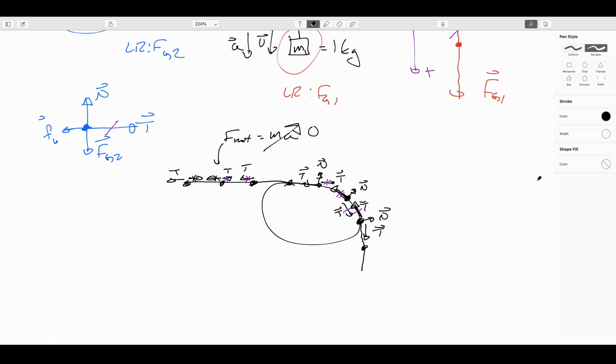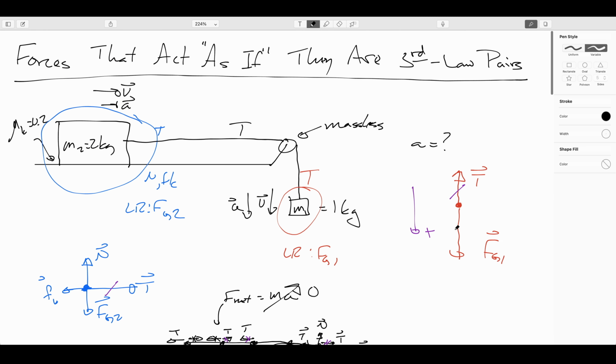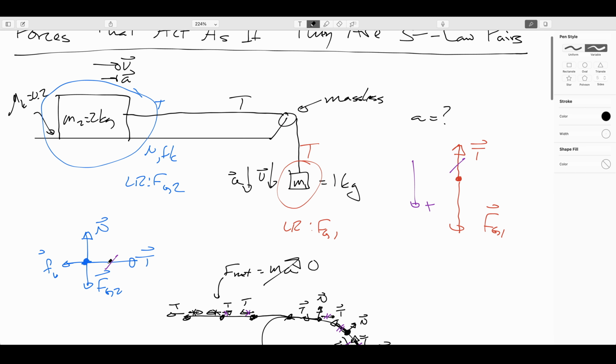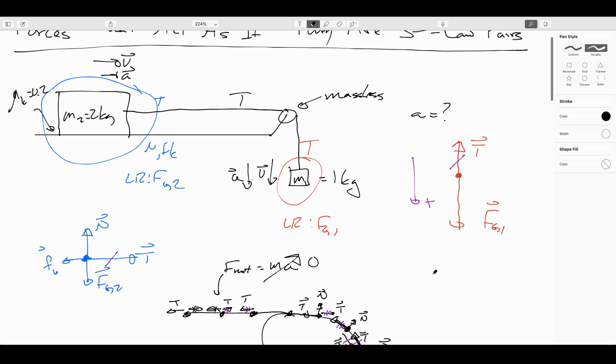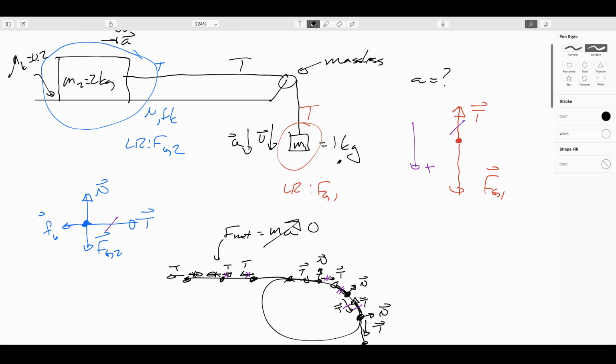But it does mean that with a real-world string, this force due to tension here would actually be slightly less, and I mean slightly less, than this force due to tension here. But if these objects are kilograms and we're talking about using a piece of thread that might only be a gram or something like that, this turns out to be less than a part per thousand difference. And so in the idealization that the string is massless, we can go ahead and pretend that these two forces are numerically equal.